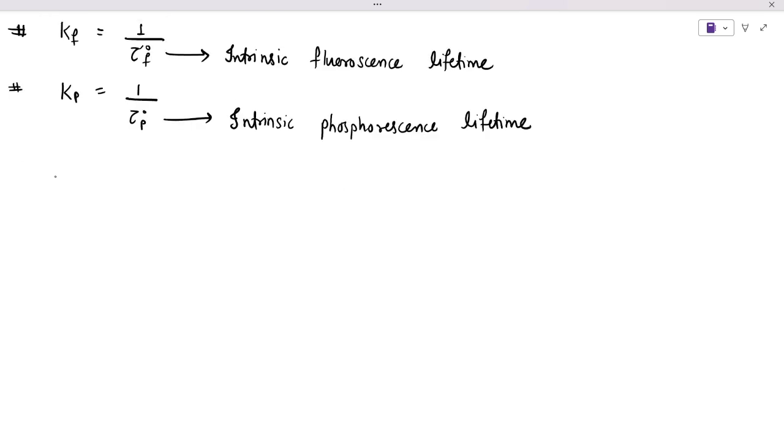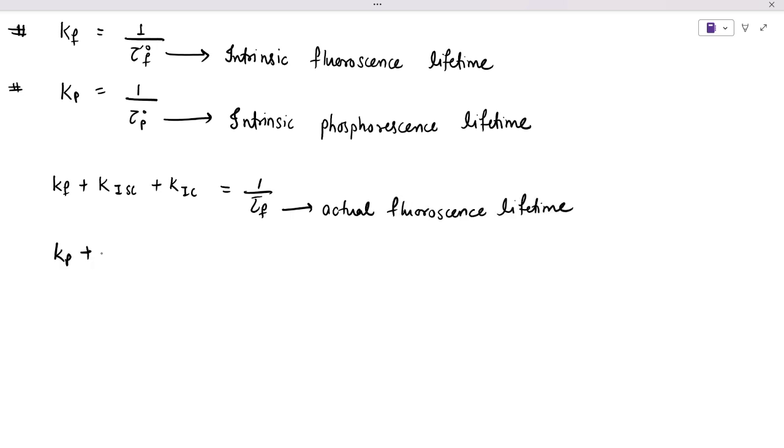For fluorescence, we can also write kf plus kISC plus kIC, where IC is internal conversion and ISC is intersystem crossing, equals 1 upon tau F. Here tau F is the actual fluorescence lifetime. kp plus kISC dash equals 1 upon tau P. Similarly, tau P is the actual phosphorescence lifetime.